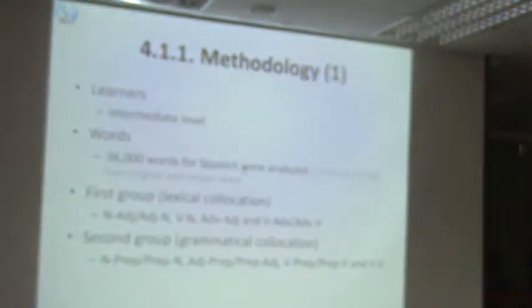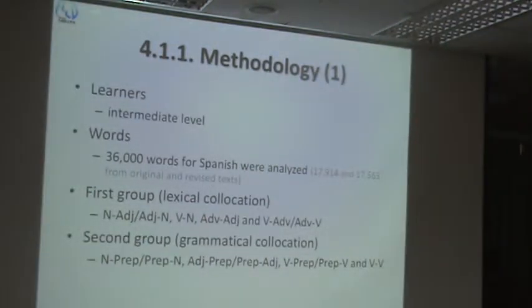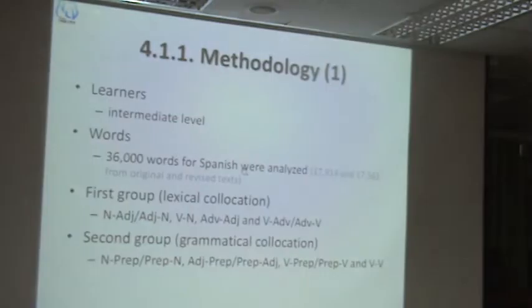And because we also want to know more about lexical and grammatical collocations, we further divided them into two groups. The first group consists of noun-adjective, verb-noun, adverb-adjective, and verb-adverb. The second group will be noun-preposition, etc.